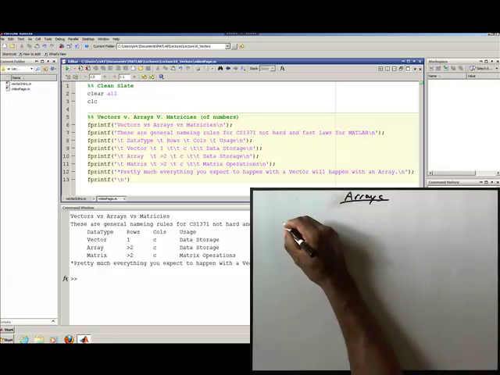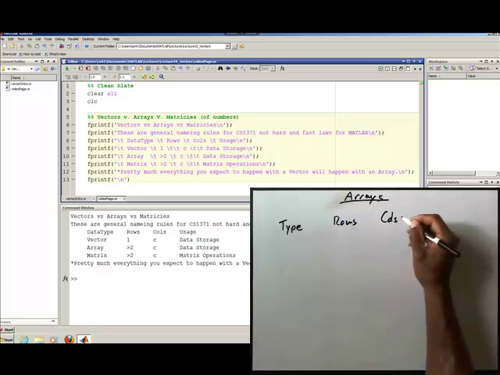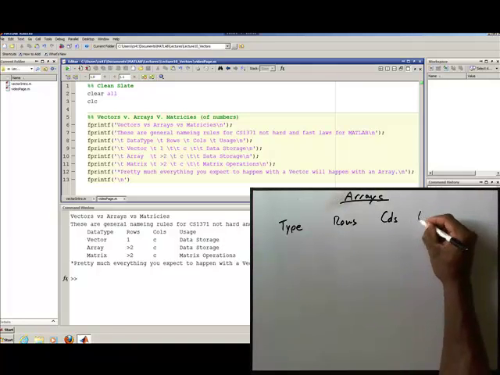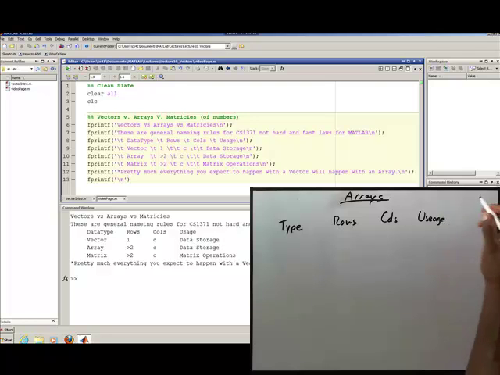So if I were to do a table where I had over here type, and then number of rows, columns, usage, and then some kind of memory map.